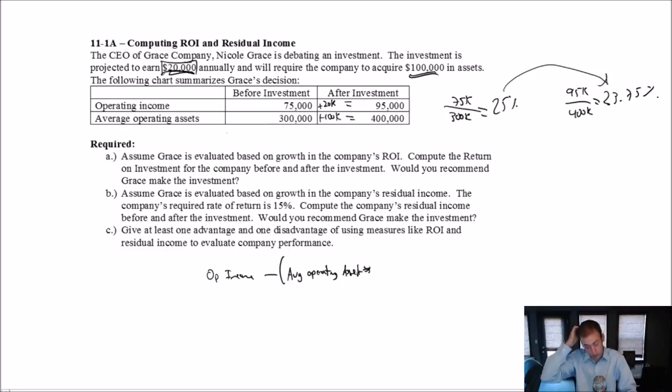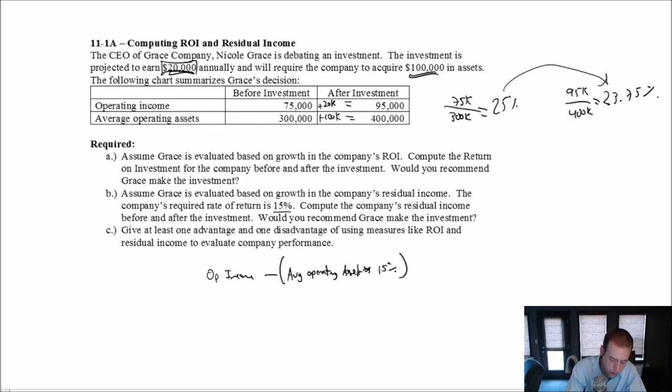If the company is going to outlay assets, it had better be making 15% on all of the assets that it puts out there, knowing that there's risk that it'll make less and hoping to make more. When it plans, it says this investment, whatever we invest in, had better make us 15%. So operating income minus average operating assets times 15% required rate of return.